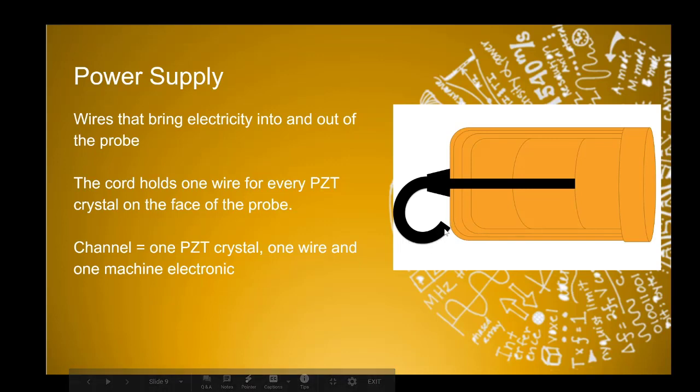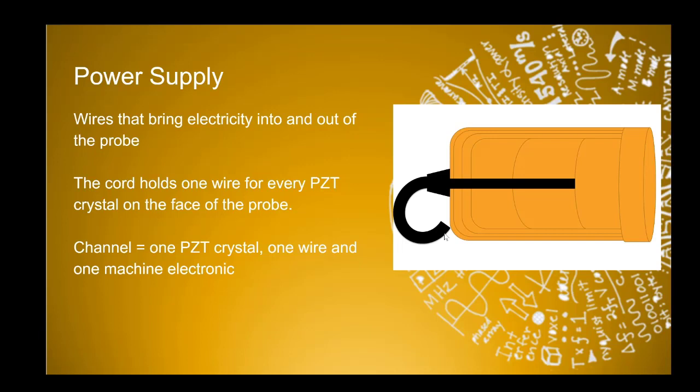This is what would be connected to the machine. It's going to go in through the transducer. There's one wire within the housing of the transducer connecting to this one PZT crystal. So this is a channel. It is the one PZT crystal, the one wire, and then in the machine there's an electronic component that this one wire is going to connect to.